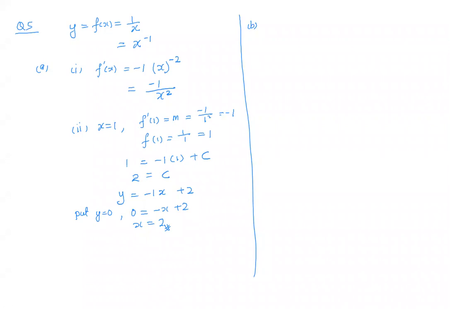So now for part B, they say when x equal to 3, the equation of tangent is y equal to negative 1 over 9 x plus 2 over 3.